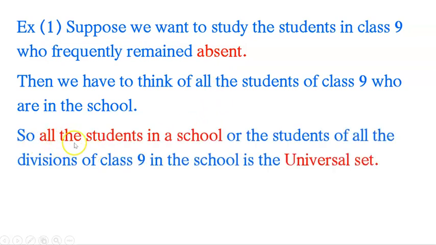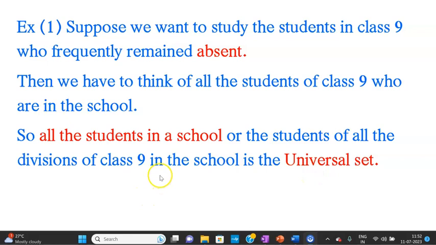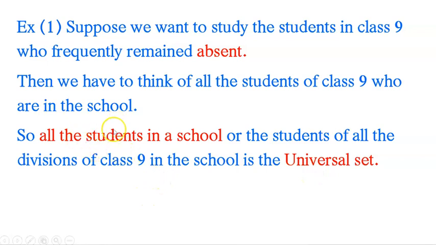Okay, so all the students in a school or the students of all the divisions of class 9 in the school is the universal set. Okay, त्या स्कूल मधले सर्व विद्यार्थी, that is all the students in a school, हा युनिव्हर्सल सेट होऊ शकतो. और the students of all the divisions of class 9 in the school is the universal set.